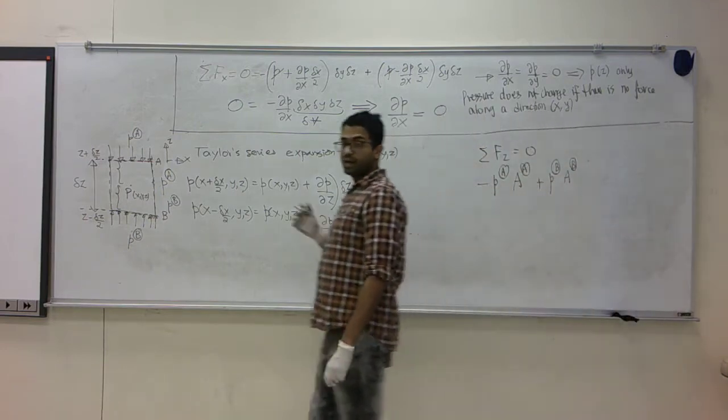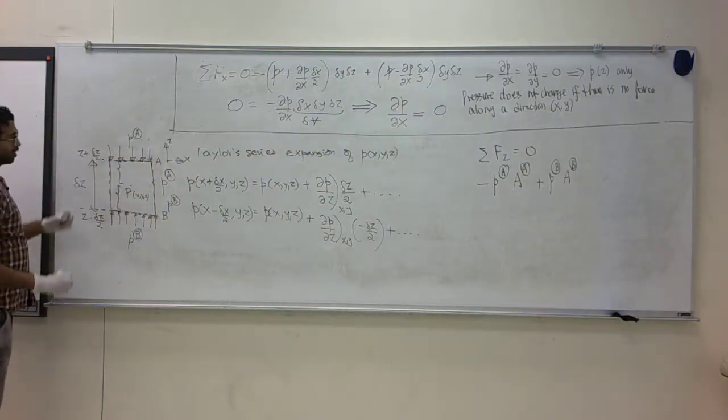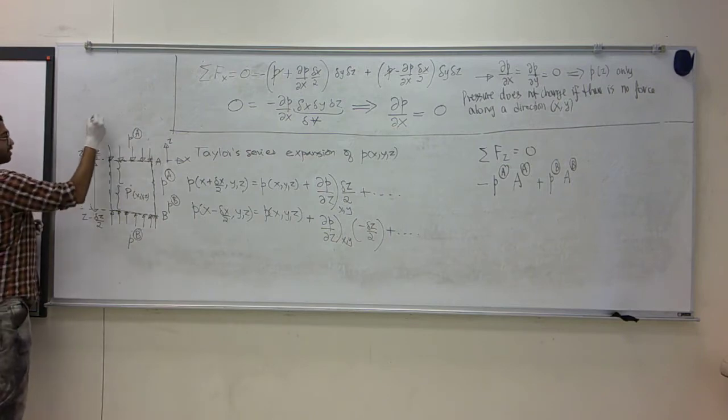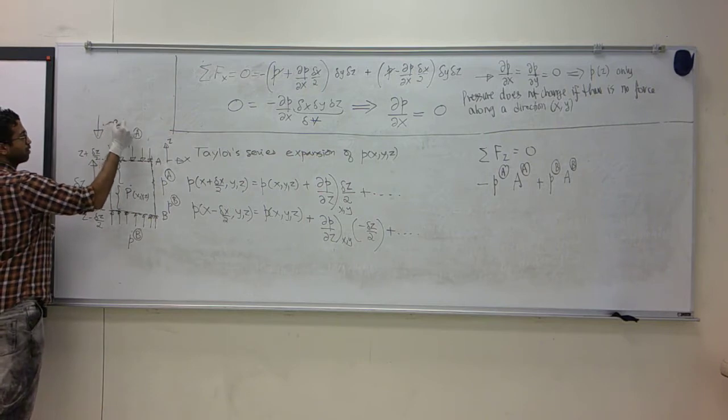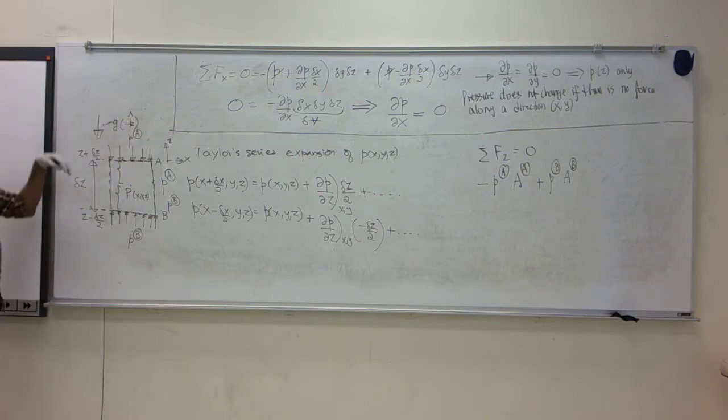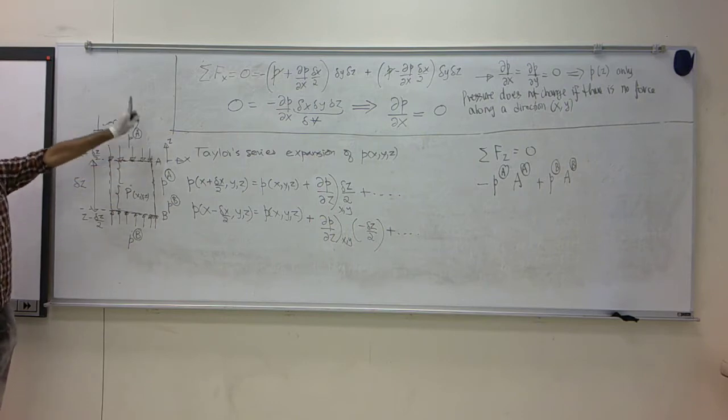Okay. Unlike x and y directions, gravity is also acting down, so it has to be negative. That is, if upward is positive, downward is negative.